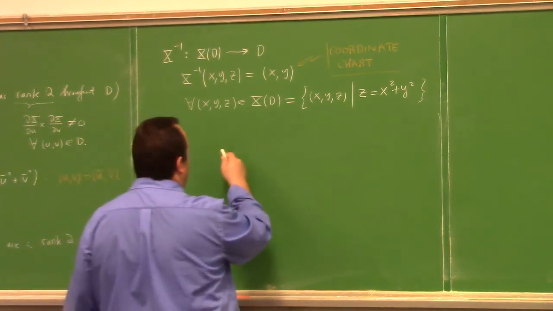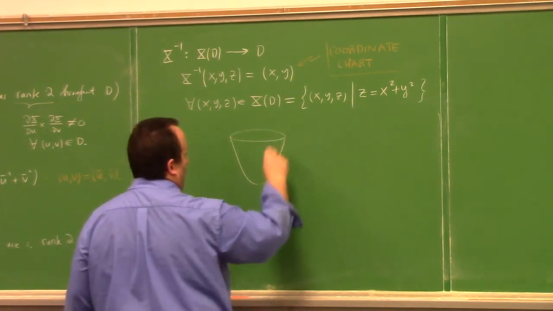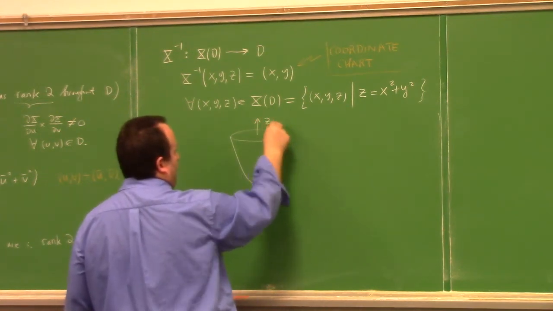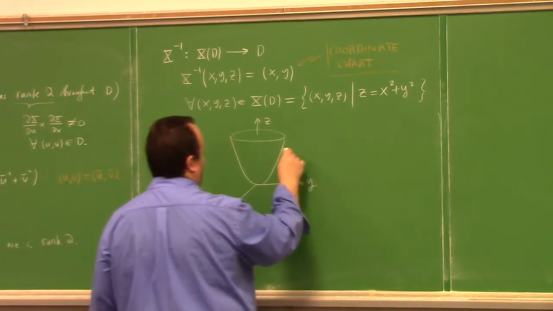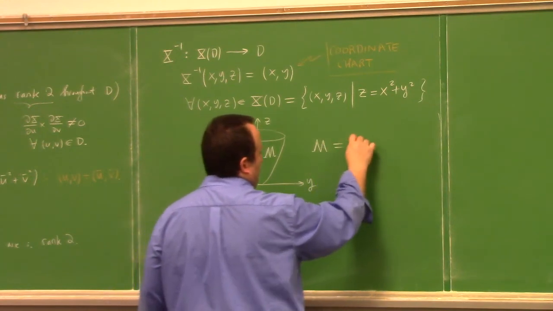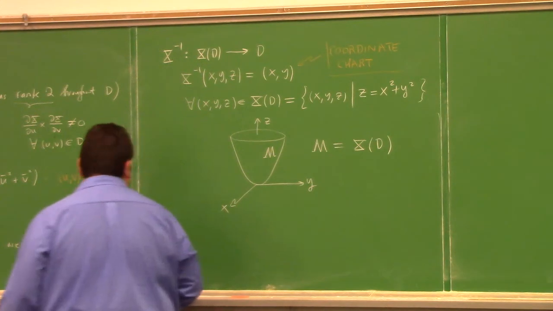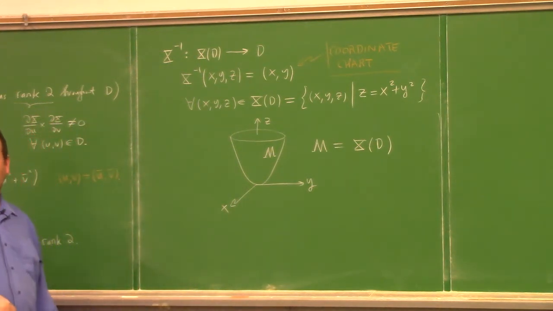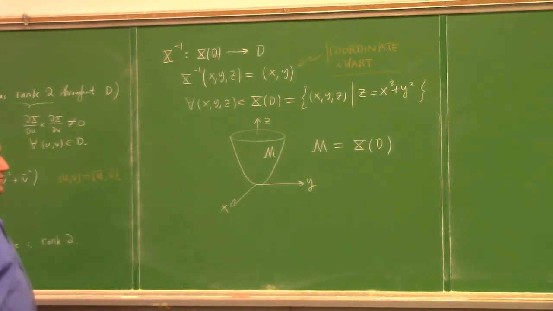But in any event here, I can draw a picture for you, right? So what we're looking at is what? This is M. M is equal to x of d. This is a surface. I mean, it goes on and on, that's just a picture of it. But this is nothing more than a paraboloid, right?